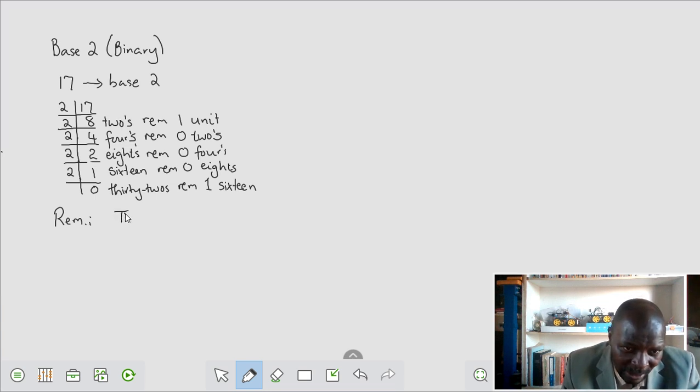We have thousands, hundreds, tens, units. But this was base 10. We looked for tens. When we couldn't find tens, there were units left, same way as here. But with base 2 now, we still have units.